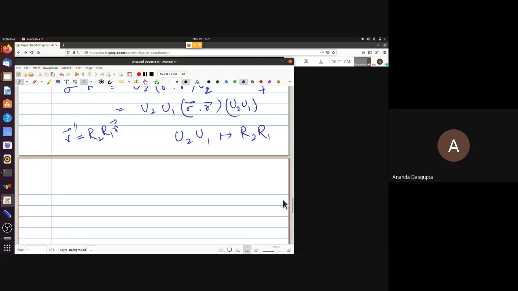And in fact, you don't even have to explicitly find this. You can argue this just by using arguments along the lines that we have already used so far. Okay, so I will let you worry about how to figure this one out. So that essentially ends up proving that SO3 and SU2 are homomorphic to each other.